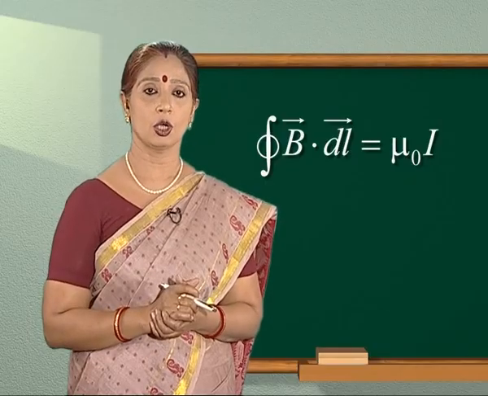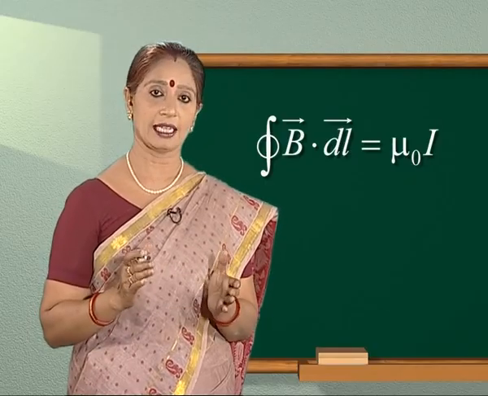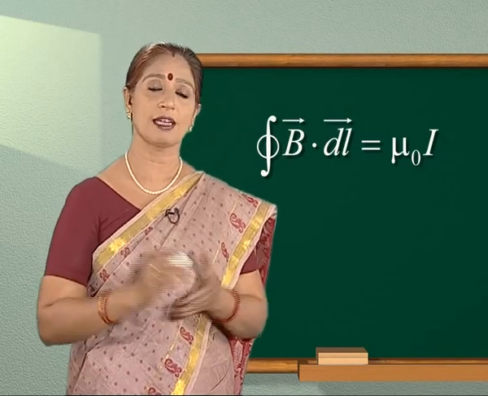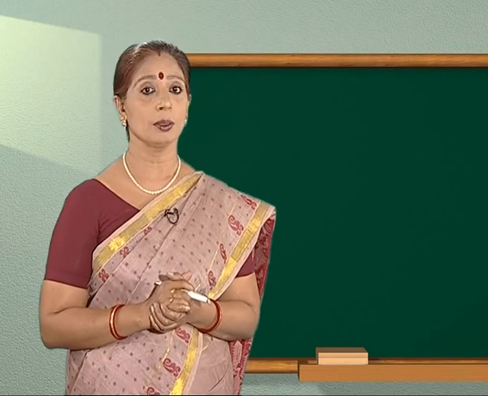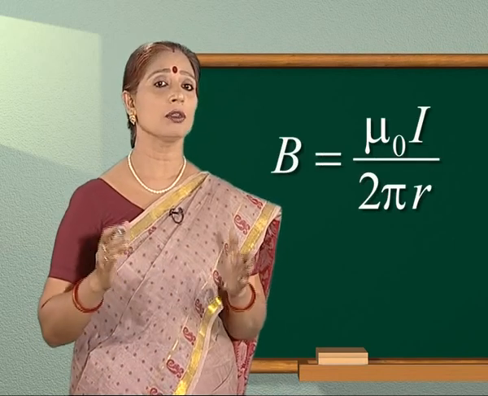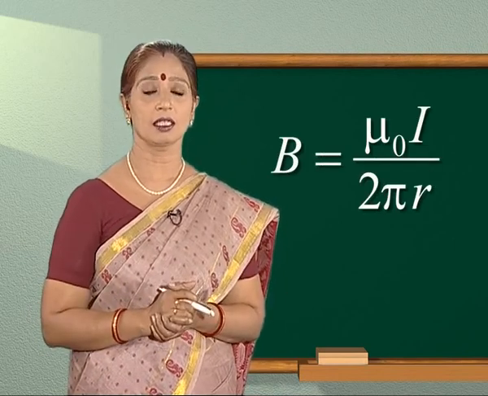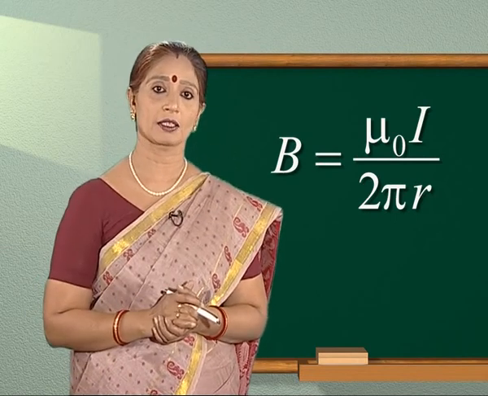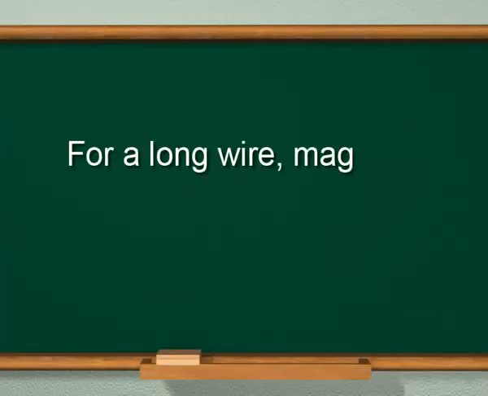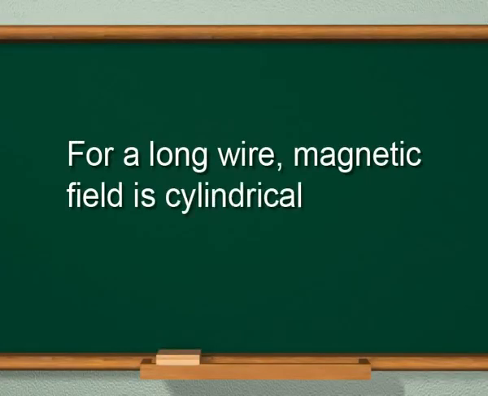Ampere's circuital law holds good for steady currents which do not fluctuate with time. Magnetic field induction B due to a long straight current carrying conductor is equal to mu naught I upon 2 pi R. It is found that for a long wire, the magnetic field is cylindrically symmetric.